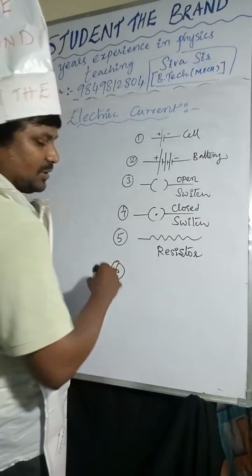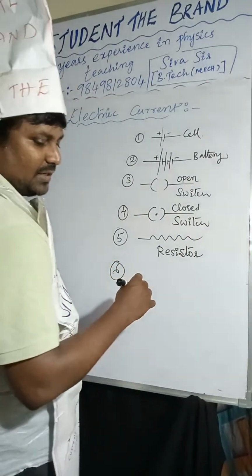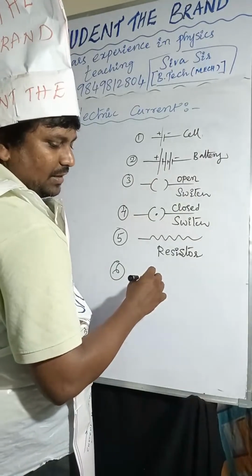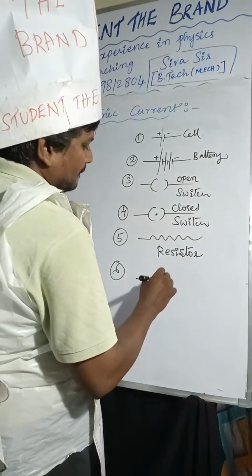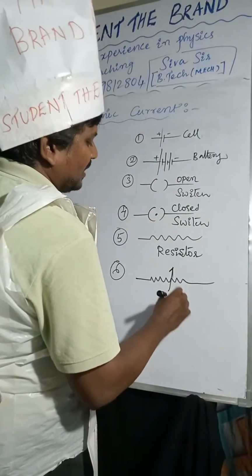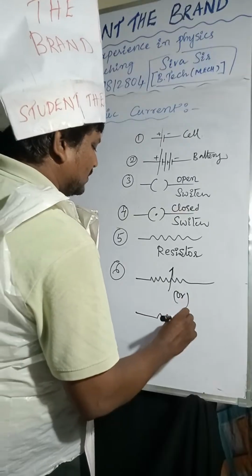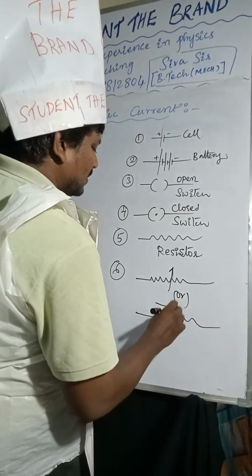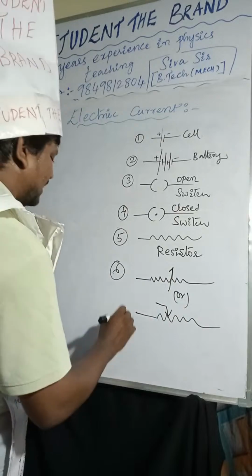And sixth one is rheostat. You can observe here. Rheostat, like this we can take the symbol, or we can take like this also. This is the rheostat.